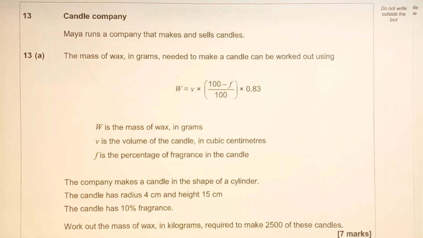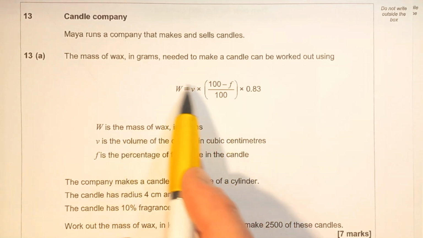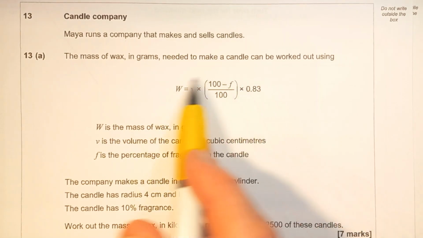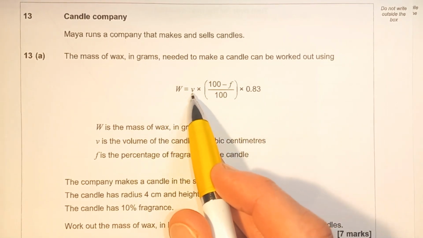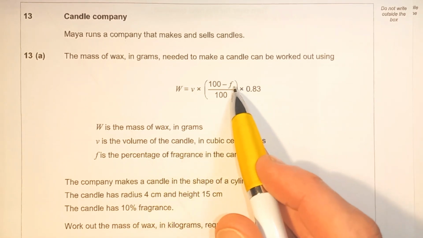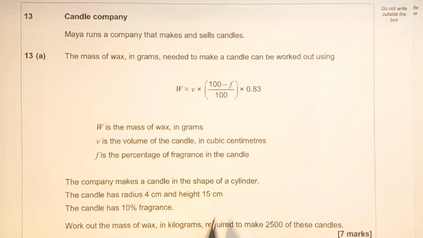Right, we've got 7 marks, loads of work to do, but just split it down into small little chunks. Right, we want the mass of 2,500 candles. Well, let's start off by working out the mass of one candle. And we've got a formula to do it for us. But to use this formula, we need to know what V is, which is the volume of the candle, which we haven't got, and F, which is the percentage of fragrance in the candle.